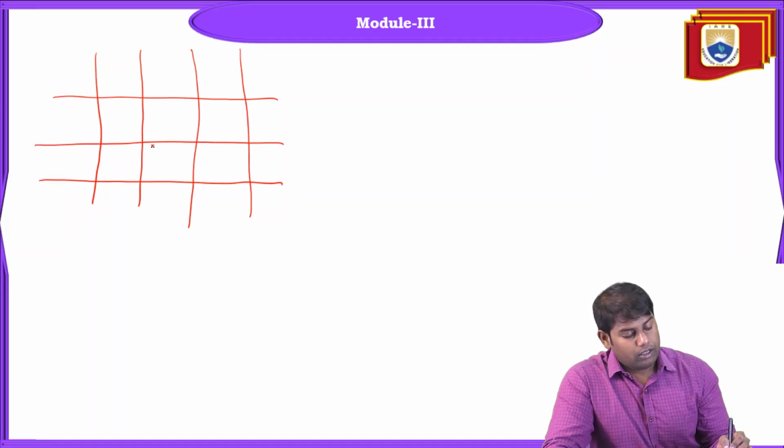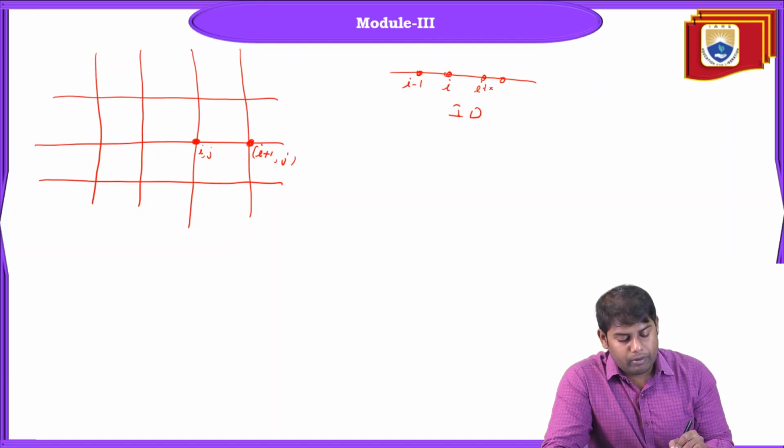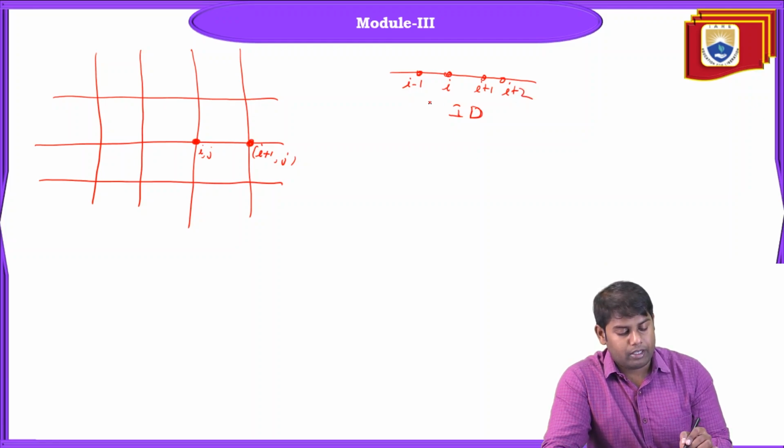Let us take this point as i, j, and this point is i+1, j. Previously we took 1D. For the 1D element, these are the index notations: if you take this as i, this will be i−1, this will be i+1, and this will be i+2. This is the 1D element.